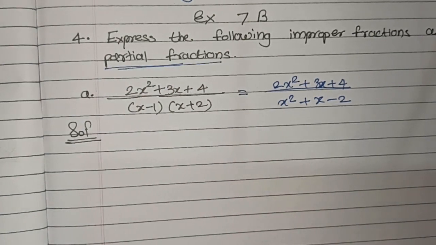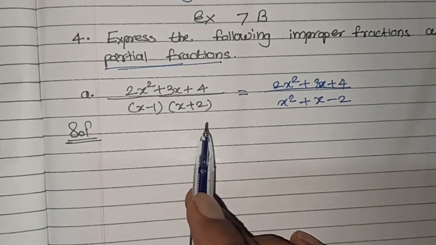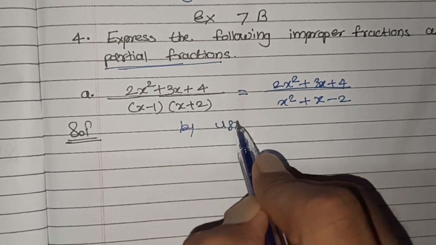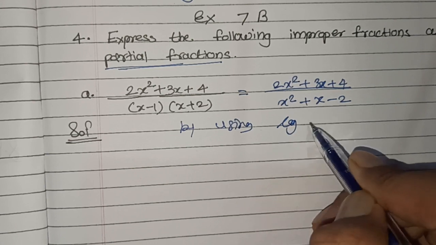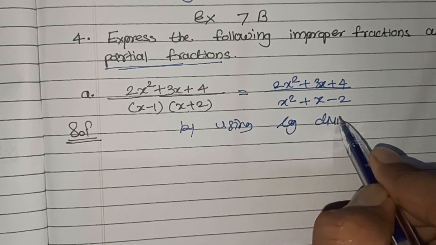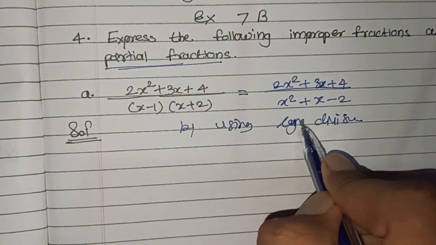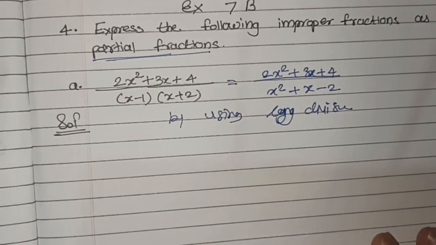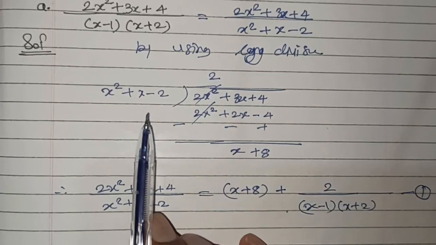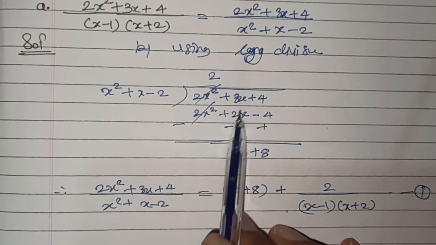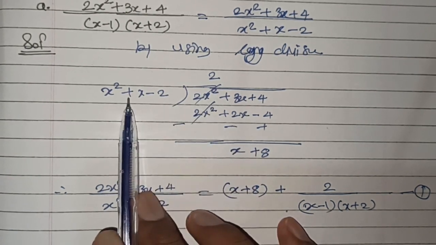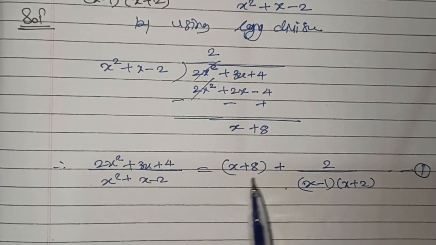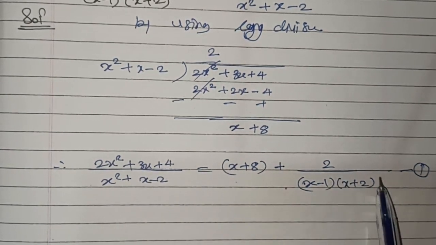We observe the denominator. Okay, so first by using long division method we get the improper rational function as polynomial plus a proper rational function.